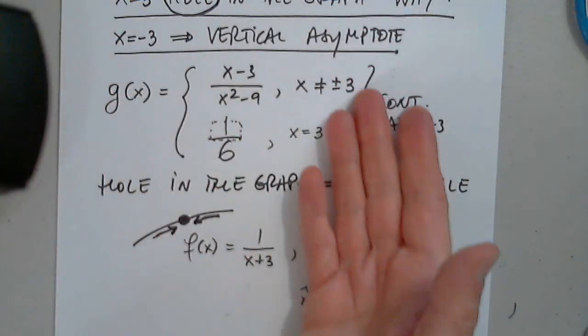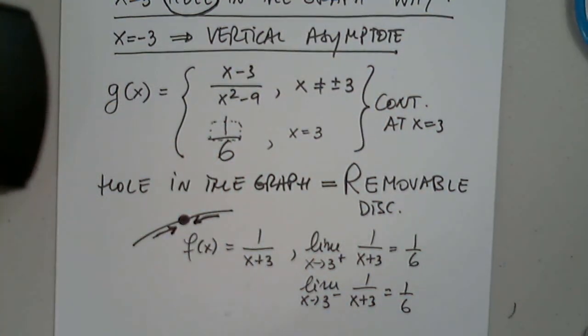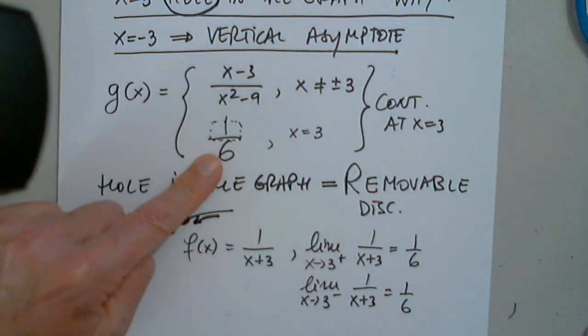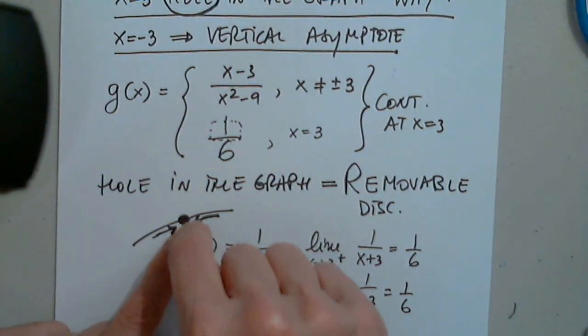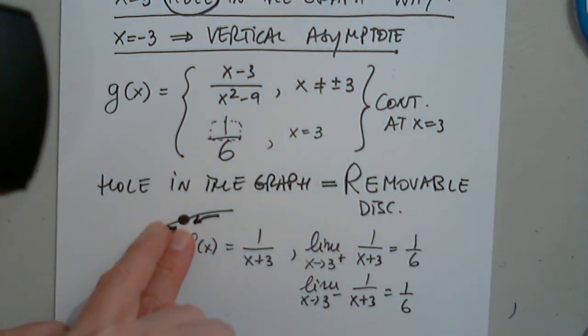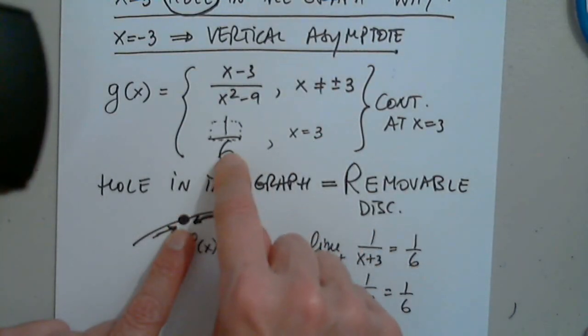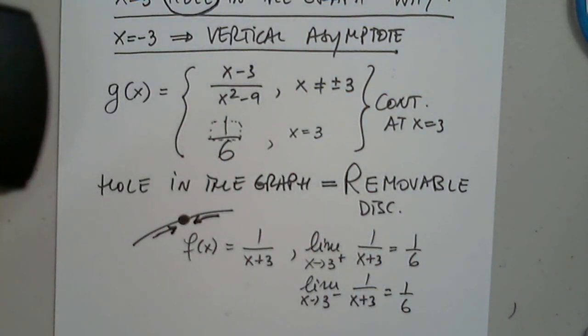But I can never say that this function will be continuous everywhere. They only wanted us to determine the point that we have to fill in. So the limit from the left and limit from the right are 1/6. So then the function value at 3 has to be 1/6. And now this function is continuous at x equals 3.